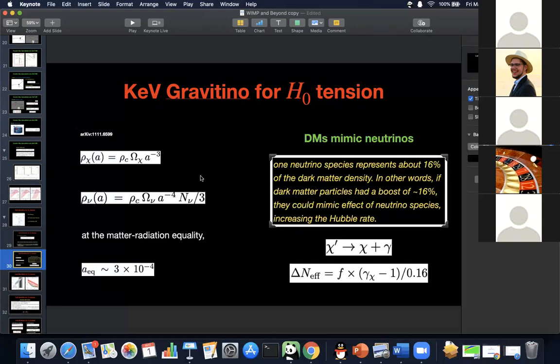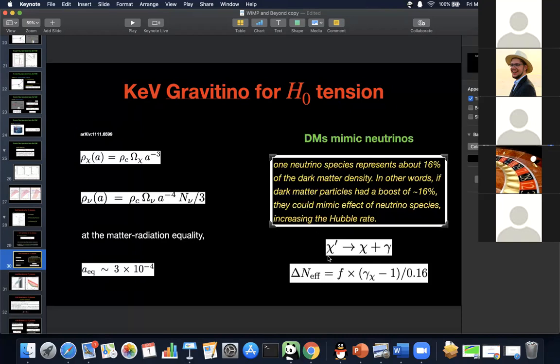This part was studied by Dan Hooper and other colleagues, and they found that if the dark matter is highly boosted, it can mimic the neutrinos, and then we can solve the Hubble tension by using the different behavior of the scale factors.